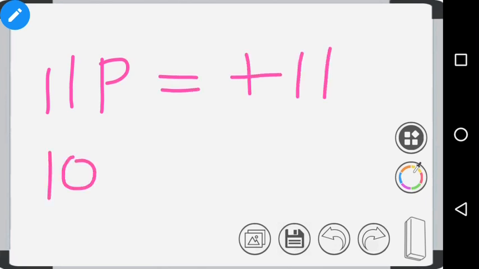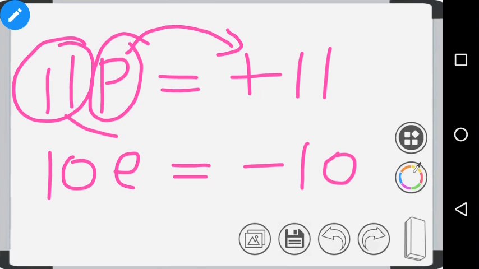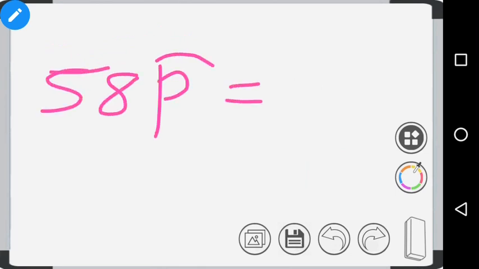10 electrons will have minus 10 charge. Very simple. What is the charge of the proton? Positive, so I am putting plus. What is the number? You have to put it. That's it. It is like a trick you can understand. For example, if there are 58 protons, what is the charge of the proton?